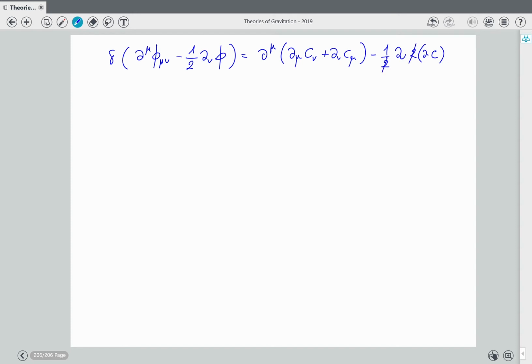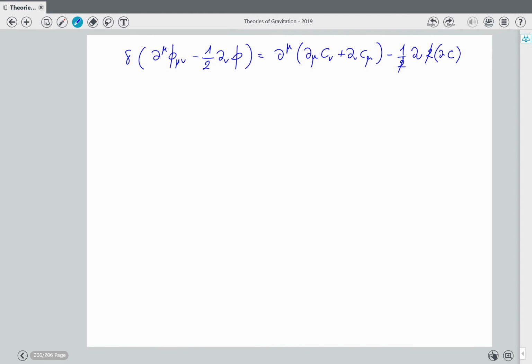The 2 goes away, and this partial nu divergence cancels this, which is also partial nu divergence. So you just get box C nu. This is the residual gauge.